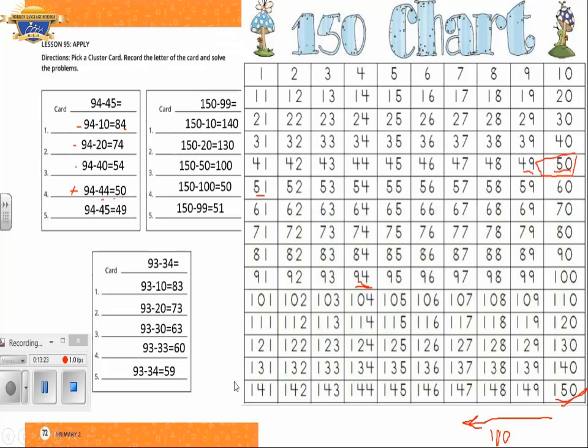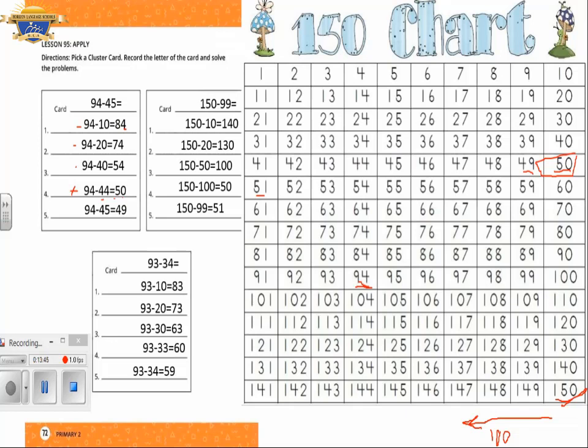Increased يعني زادت, or decreased يعني قلت. 33 becomes 34, يبقى الsteps زادت, right? So the answer will decrease, هيقل. لو الsteps زادت الأنسر هيقل.